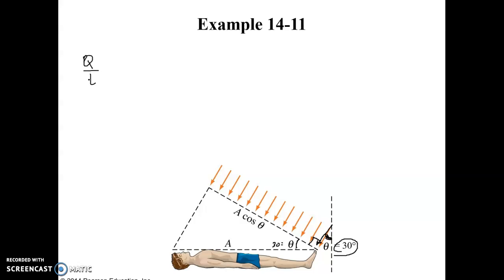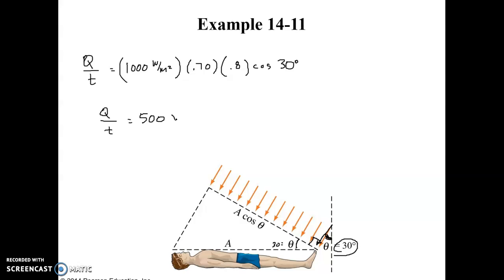If we look at our equation, Q over t equals the 1,000 watts per meter squared, that's the full energy of the sun per area, times the emissivity of the person, which was given as 0.70, multiplied by the area of the person, which was given as 0.8 square meters, and then we multiply that by cosine of theta, which is 30 degrees. So the heat flow per time being absorbed by this person is 500 watts, which is 500 joules per second.